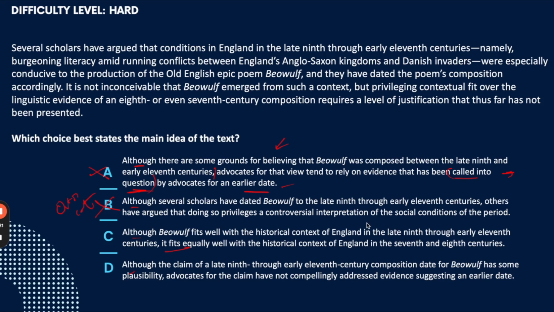Instead, the text only mentioned that linguistic evidence points to a possible earlier composition, but doesn't make any claims about how well it fits into earlier historical context, right? So it's not about the historical context of this century, it's more about the linguistic context. So this is basically contradicting the text. It's mixing up the two things.